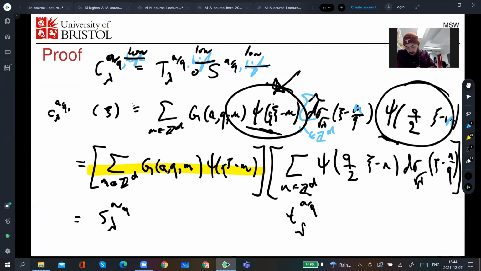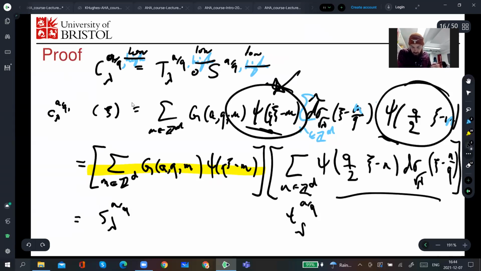But unfortunately, that dependence on lambda does appear on this side. In particular, it appears right here. However, it doesn't depend on A at all. It just depends on Q. So let's just get rid of that and leave it as a Q.